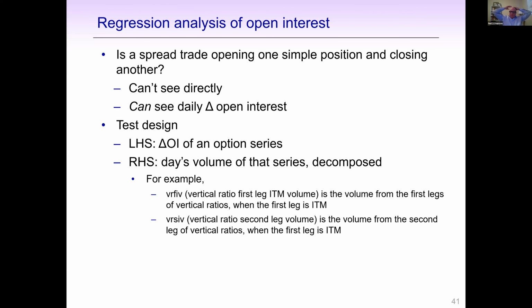Now, one of us can look at the regulatory data and can answer that question exactly, but we're going to see what can be learned from the publicly available data. In particular, we're going to see what can be learned from changes in open interest of each option series.